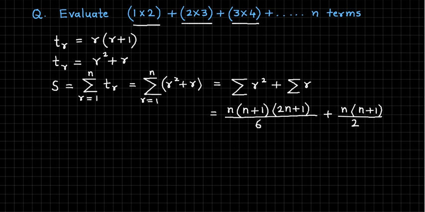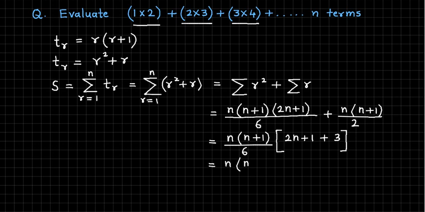So we can now merge both of these terms and take n into n plus 1 common from the numerator, and 6 common from the denominator, so that in the bracket we are left with 2n plus 1 from the first term, and the second term will have the factor of 3. That gives us n into n plus 1 whole upon 6 into 2n plus 4.